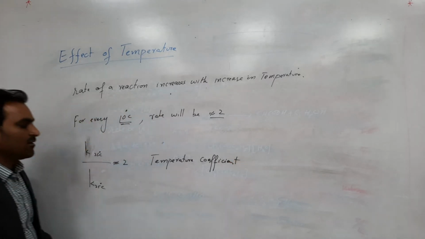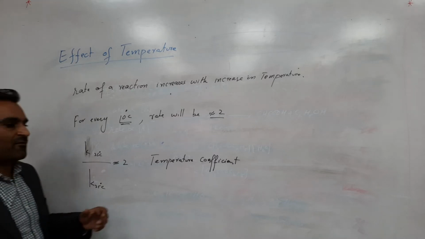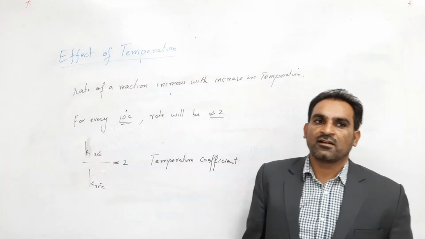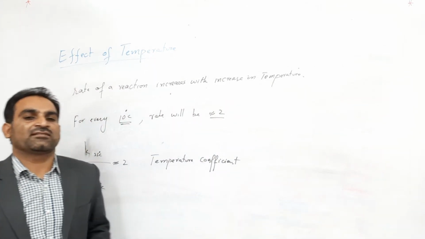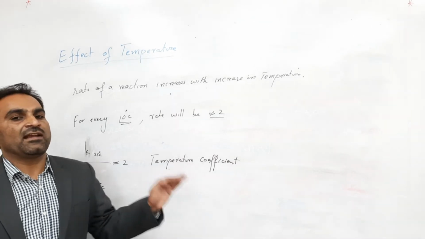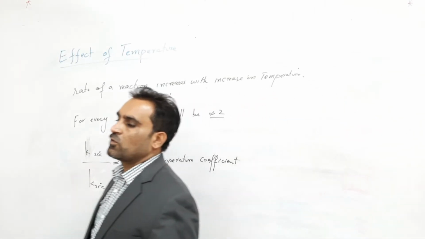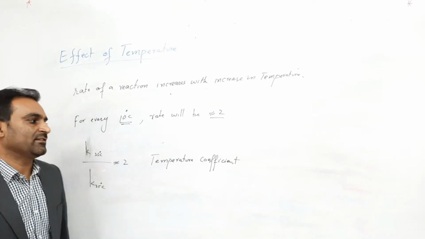It means by a 10-degree rise, if you have two different rate constants, and you have a rate of reaction at 10 degrees Celsius, and after the increment of 10 degrees you approach 20 degrees Celsius, then you determine the rate of reaction at 20 degrees Celsius.